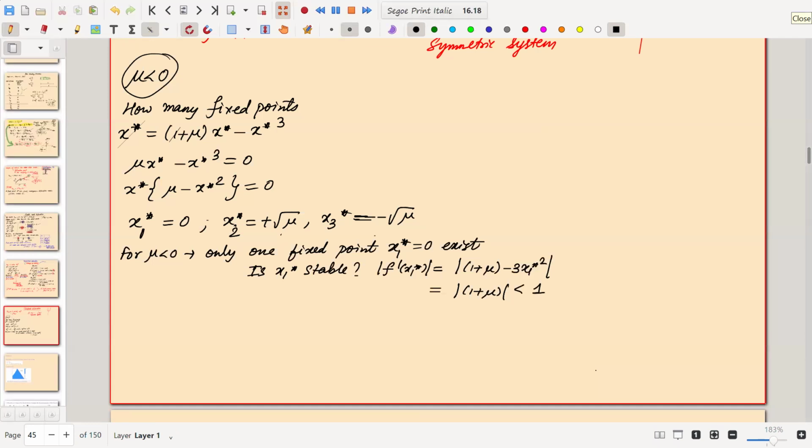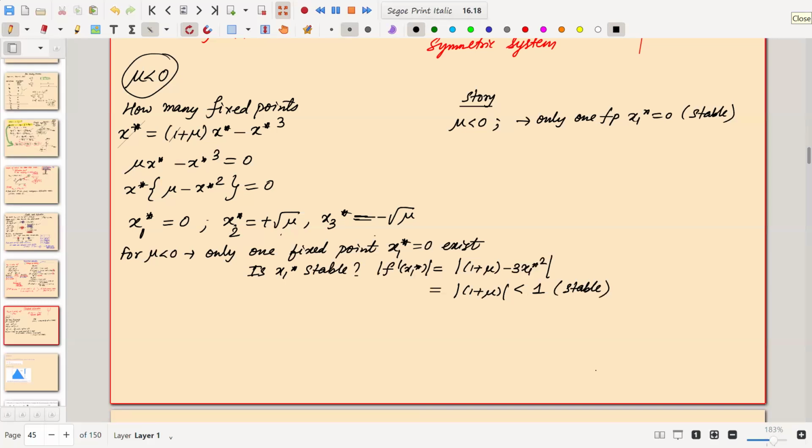If it is less than 1, the fixed point is stable. So it is stable. So the story so far: for mu less than 0, only one fixed point, x1 star equal to 0, and that is also stable.